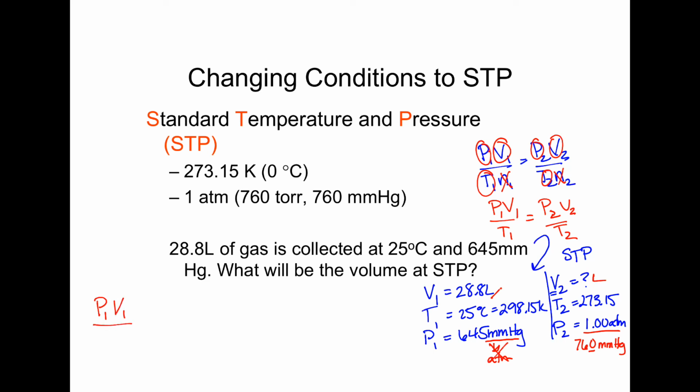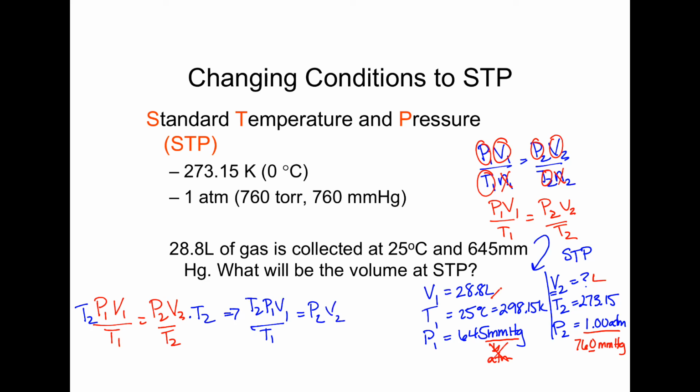And I'm going to rearrange the equation so that volume 2 is by itself. That's what I'm looking for, so I want it by itself. I need to multiply both sides by T2. When I do that, I get T2 P1V1 over T1 equals P2 V2.